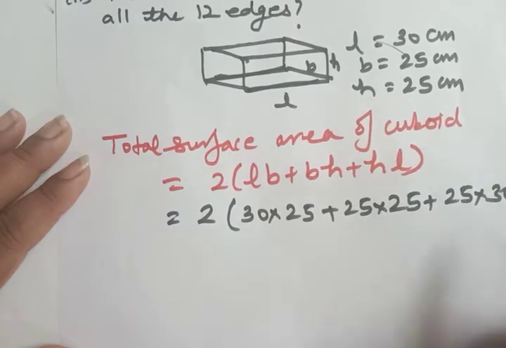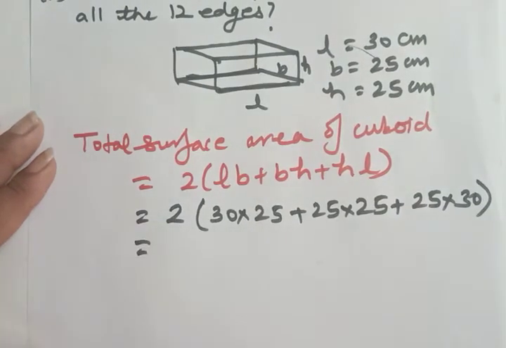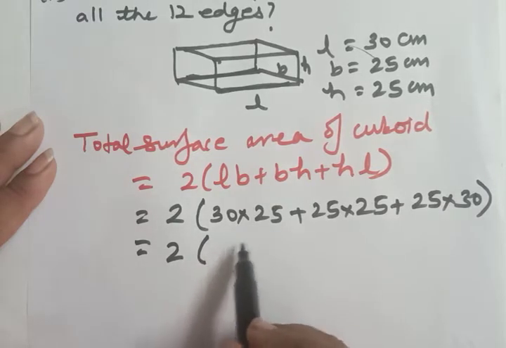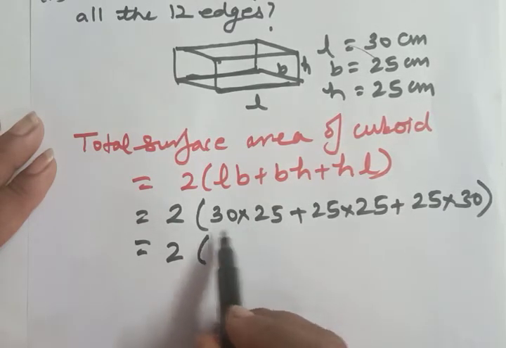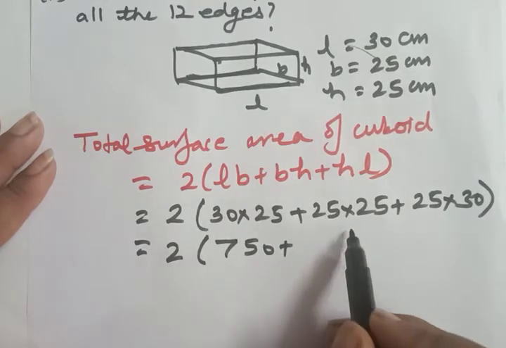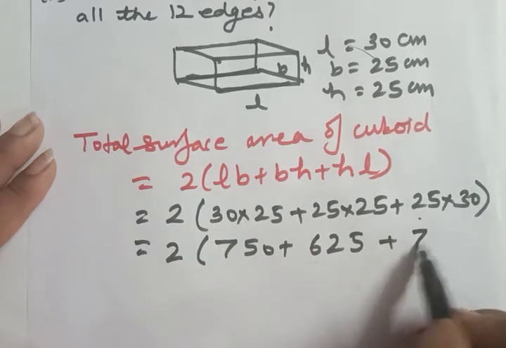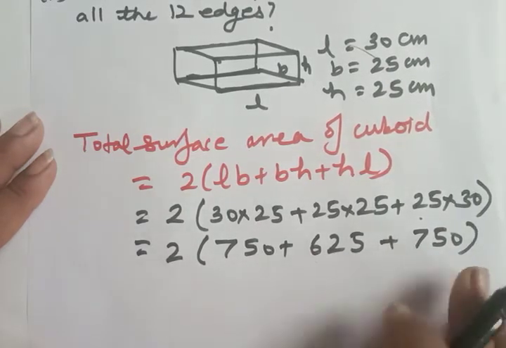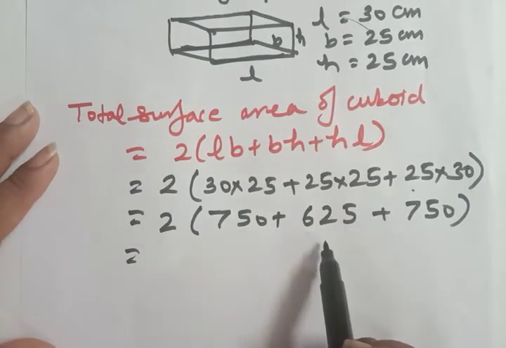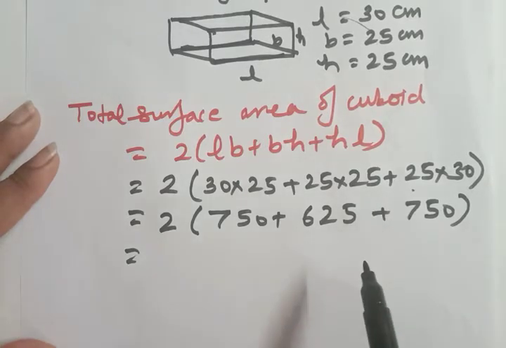Now we need to calculate. 30 into 25, that is 750, plus 25 square, we know that 625, again 25 into 30, that is 750. Let us add all three, that is 750 plus 625 plus 750.